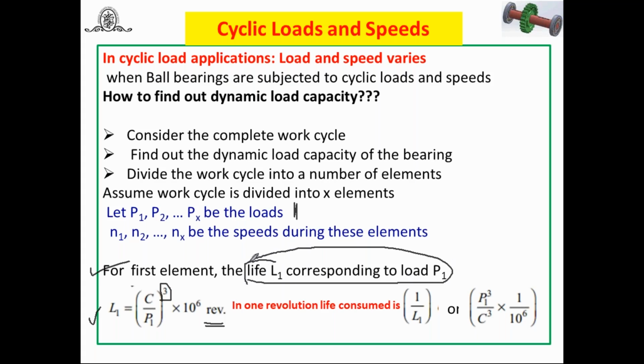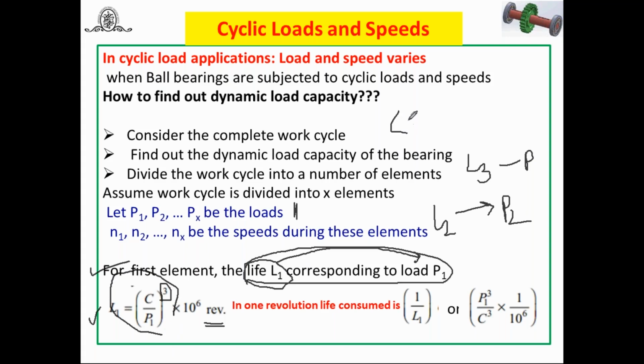Assume a life L1 corresponds to load P1. Similarly, life L2 corresponds to load P2, and life L3 corresponds to load P3. That means for the first element, life L1 corresponds to load P1. So we know the load life relationship and can substitute here.